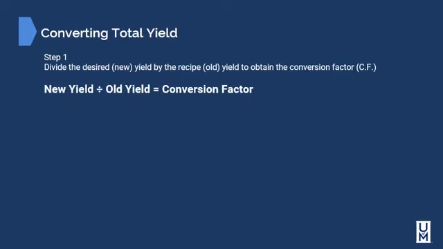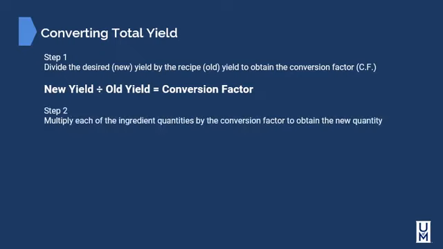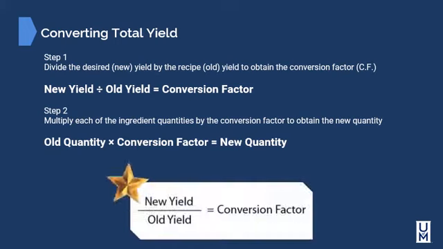We take our new yield, divide it by our old yield, and that's our conversion factor. Step 2, we multiply each of the ingredient quantities in the recipe by the conversion factor to obtain the new quantity. Old times conversion factor equals new quantity. So you can see it's not a complicated procedure if you remember old divided by new.